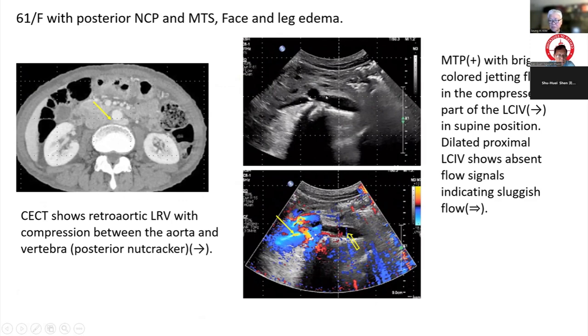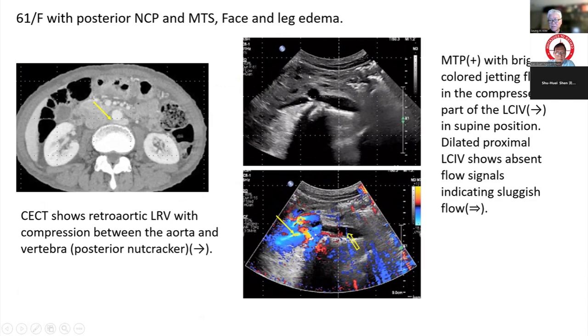And this patient also had compression of the left common iliac vein and echogenic thickening of the anterior common iliac vein wall. A venous spur is there, and the fast flow is there, and very sluggish flow, no color signal in this left part of the left common iliac vein.